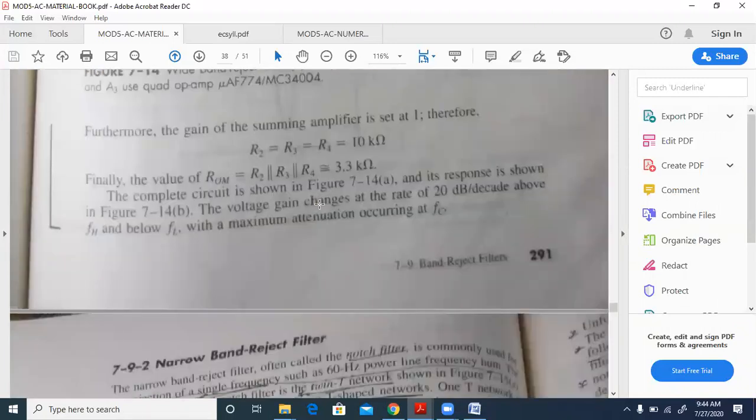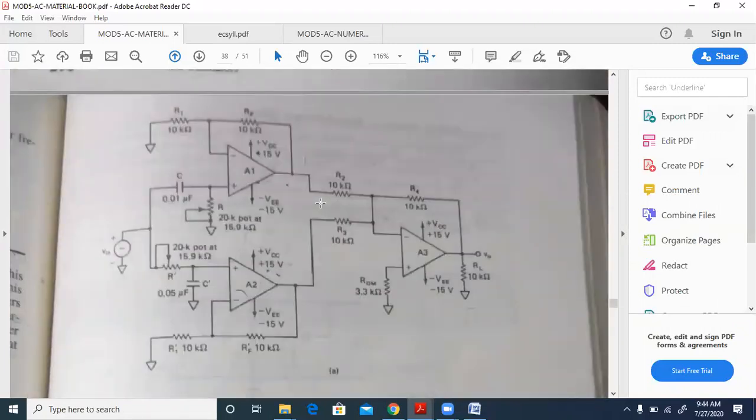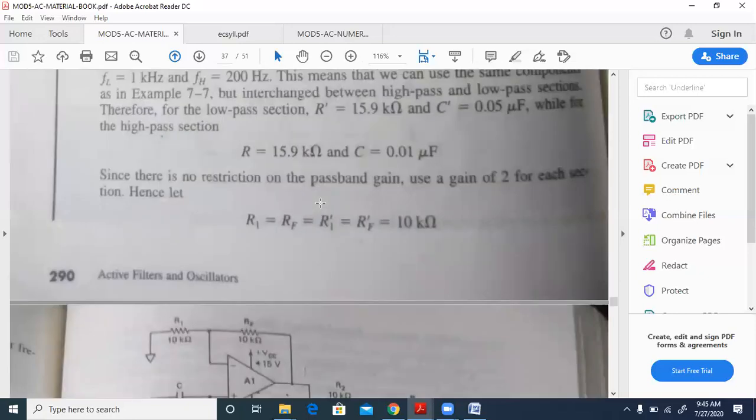There we did multiplication, now we need to do summation. Each one will be the formula for low pass plus the formula for high pass, add them up, and that will give you the V0 by Vin, which will correspond to a band reject filter.